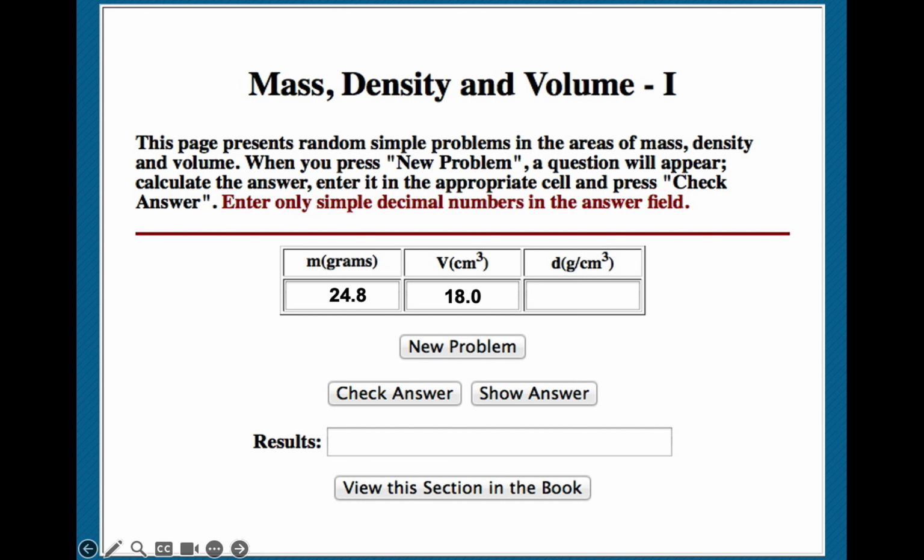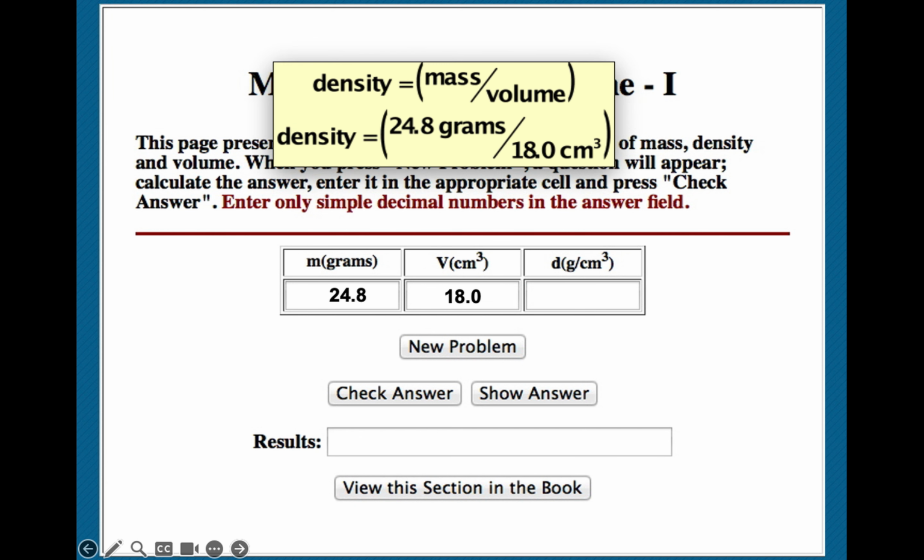That's it, it's a table. Something is missing. All we have to do here is remember that density is going to be mass divided by volume. So substitute in 28 grams, or 24 grams, 18 cubic centimeters, do your division, and that's your answer.